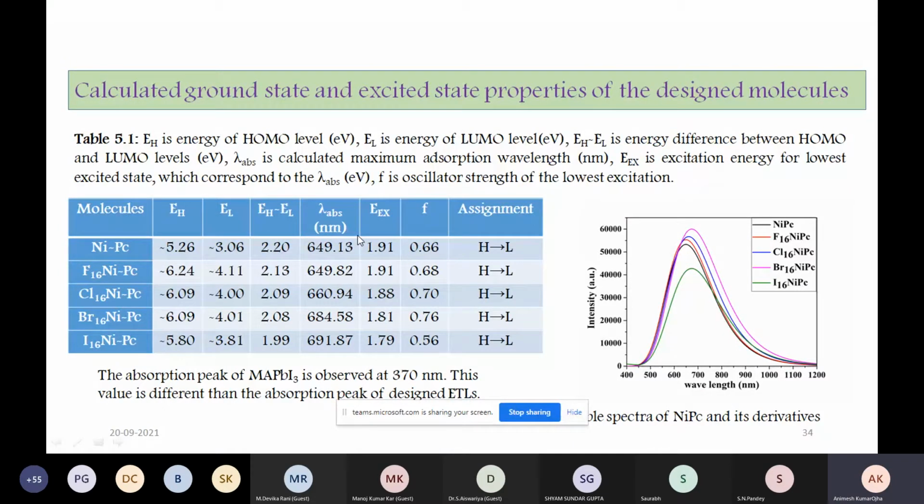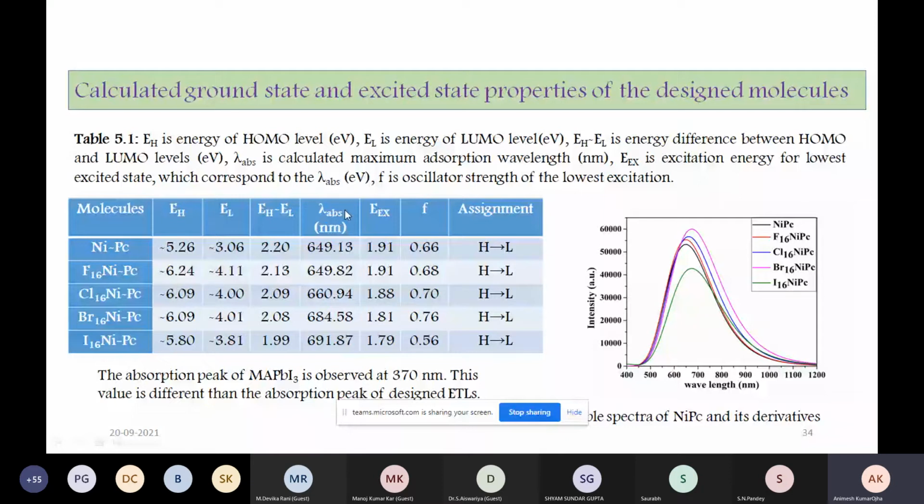And this is the absorption maxima for all these molecules. And the HOMO-LUMO transition possibility is calculated by calculating the oscillator strength. If the oscillator strength is more, it tells that there will be more probability of the HOMO to LUMO transition.